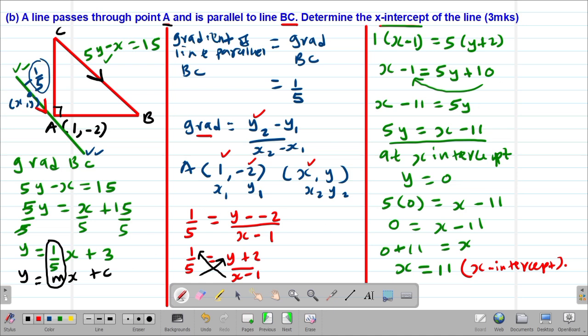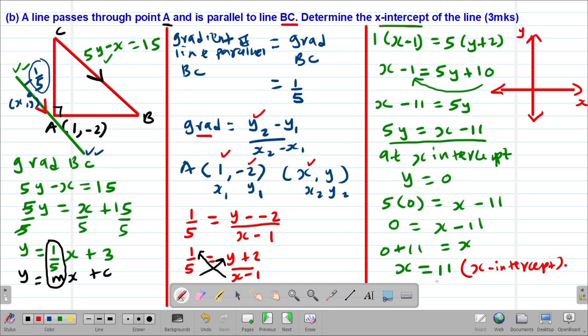This simply means that if we were to plot this particular line on a given Cartesian plane, this is how the line will appear. If this is the x-axis, then this is our y-axis.